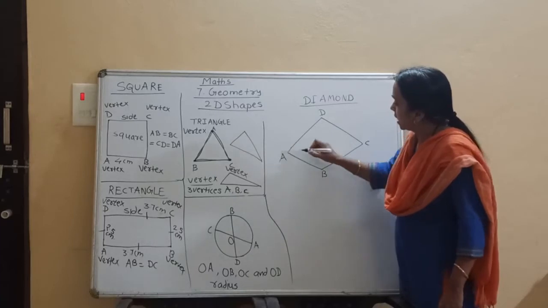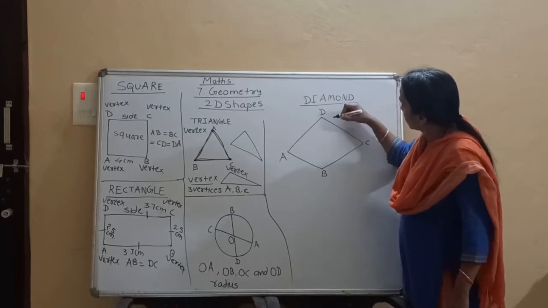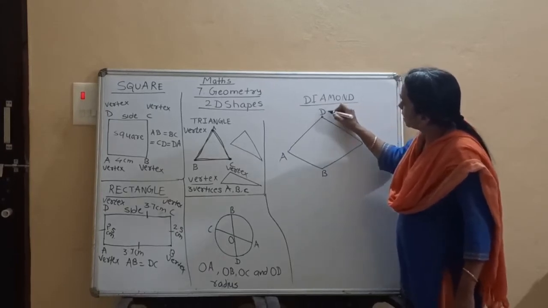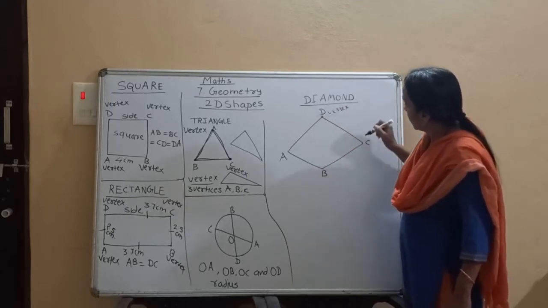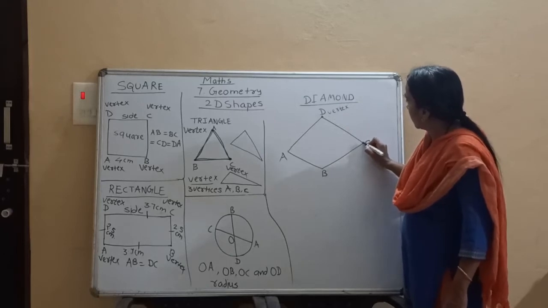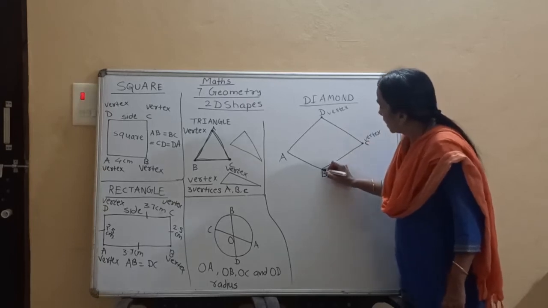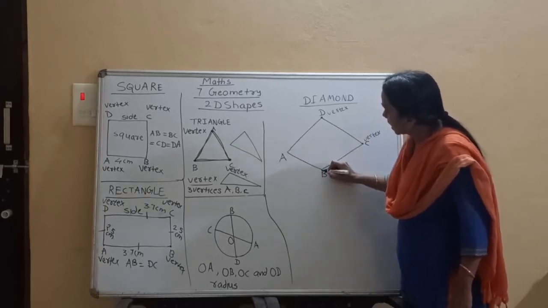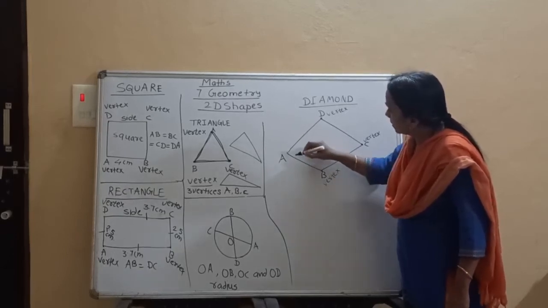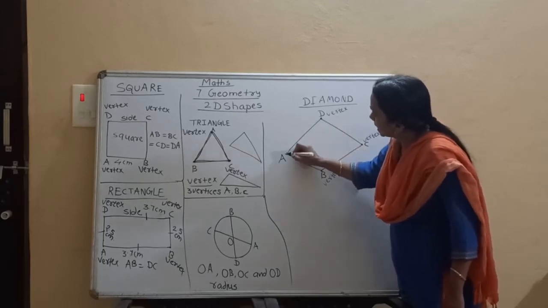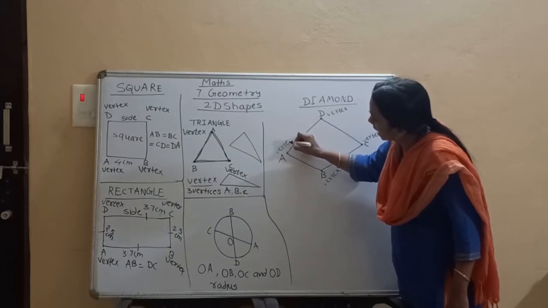Here also, line AD and line CD are joining at this D point, that is called a vertex. Again DC and BC are joining here, that is a vertex. Then CB and AB are joining at this B point, a vertex. Then BA and AD are joining here at this A point, a vertex.